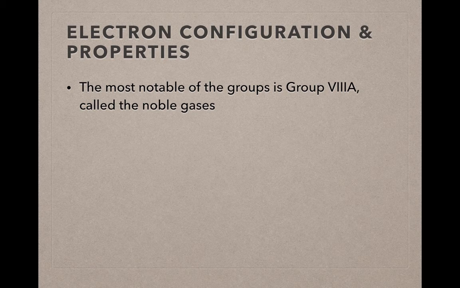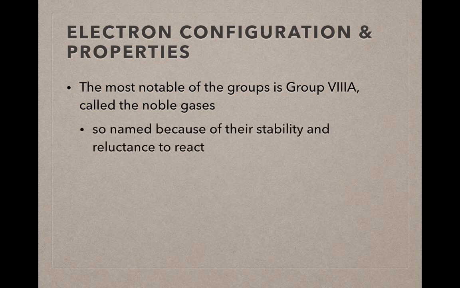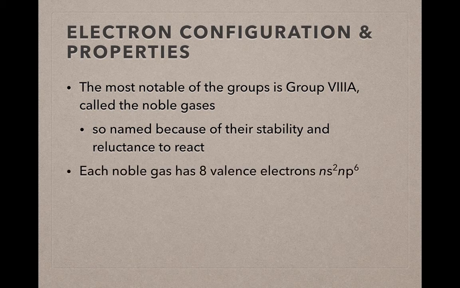Now, one of the things that people noticed was the non-reactivity of the noble gases, group 8A. They're called the noble gases because of their stability and reluctance to react with other elements. If we take a look at the electron configuration for all of the noble gases, we notice that they all have 8 valence electrons, with the exception of helium, of course, which only has 2 electrons total.